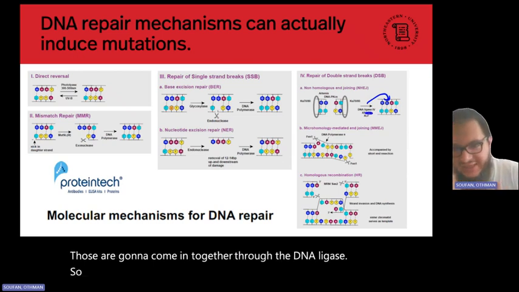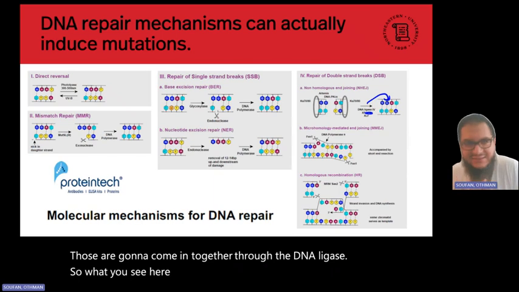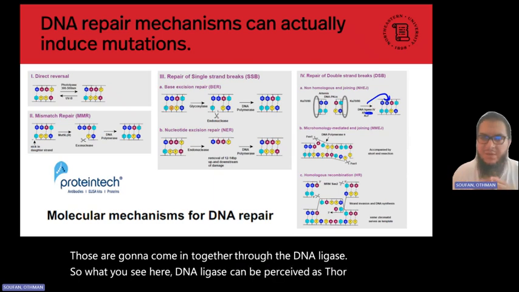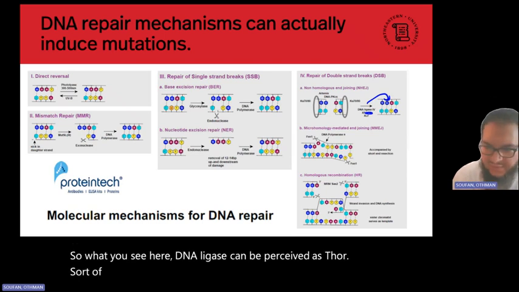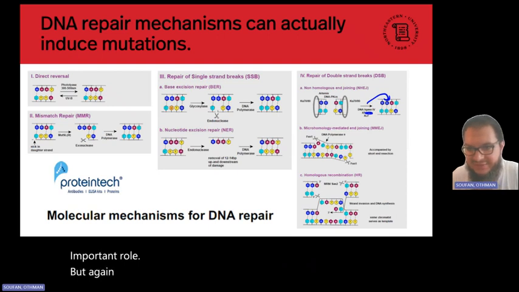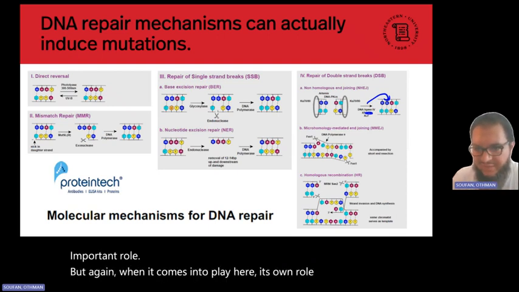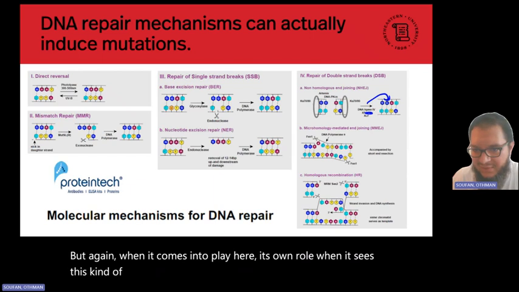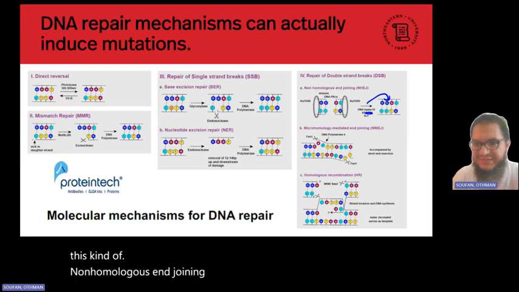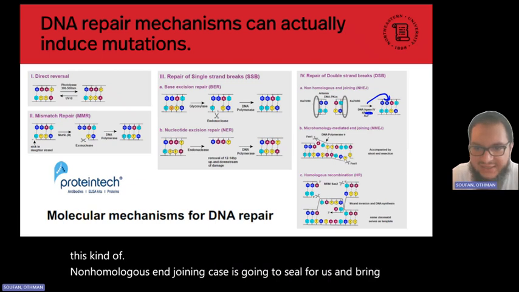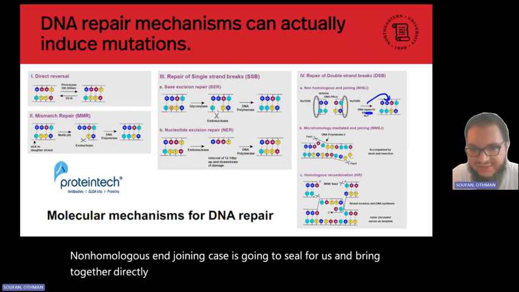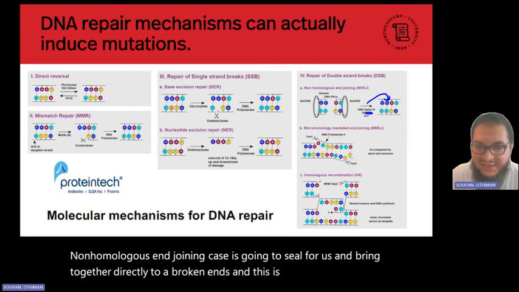DNA ligase plays an important role here: when it sees this kind of non-homologous end joining case, it's going to seal and bring together directly the two broken ends. This can lead to insertions or deletions in the process.